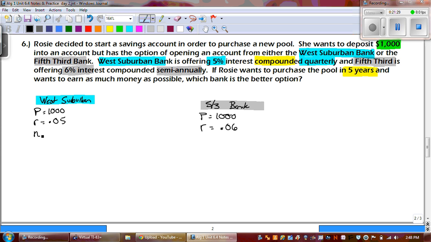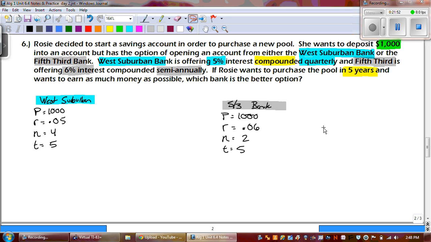At West Suburban, it's being compounded quarterly, which means 4. And at Fifth Third, it's being compounded semi-annually, and semi-annually means 2. Now, both of them we're talking about 5 years. What I want you to do is find out which one would you have more money with. You're going to do the formulas, you're going to do the calculating all on your own. Go ahead and pause the video, and good luck.